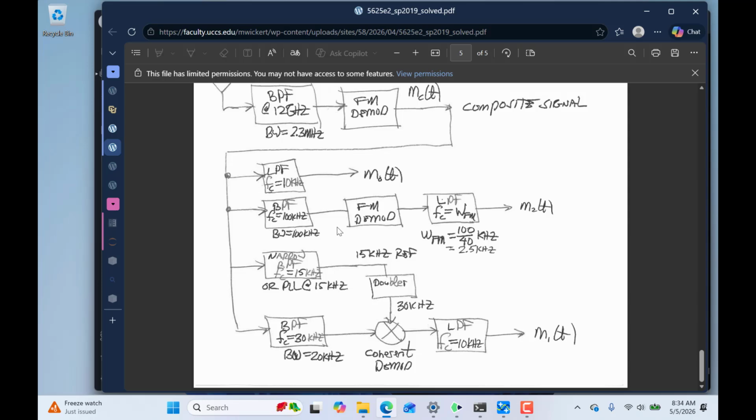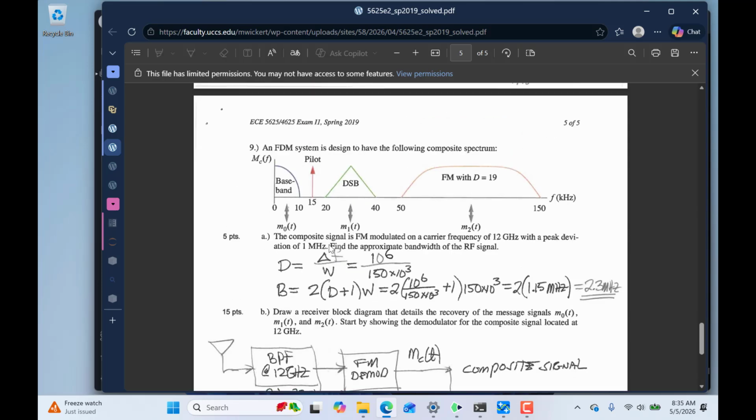FM demodulator. We would set the cutoff frequency of the low-pass filter probably at the bandwidth of the FM message, which was described, I think indirectly, here. It doesn't really say.